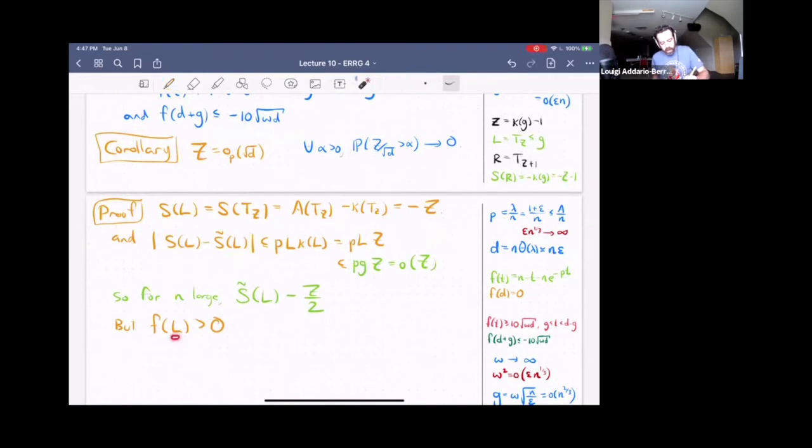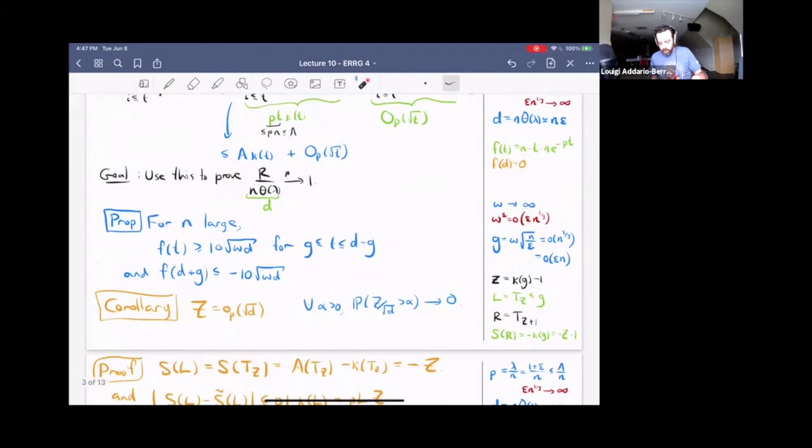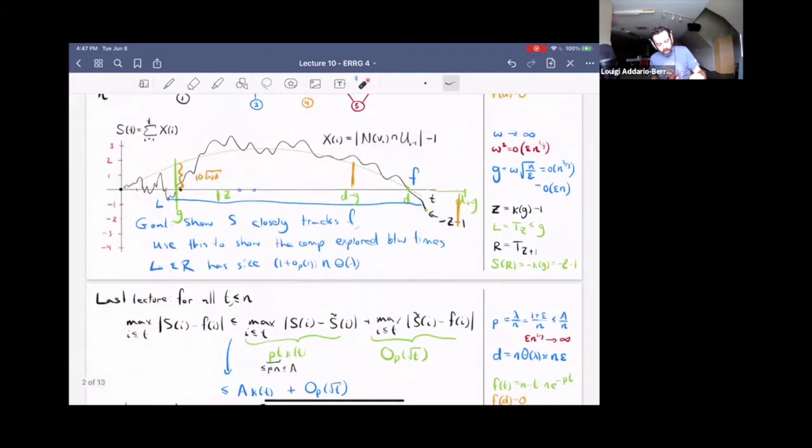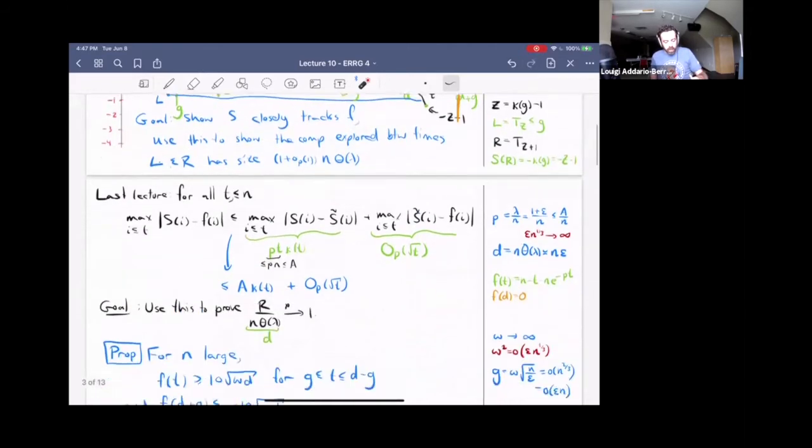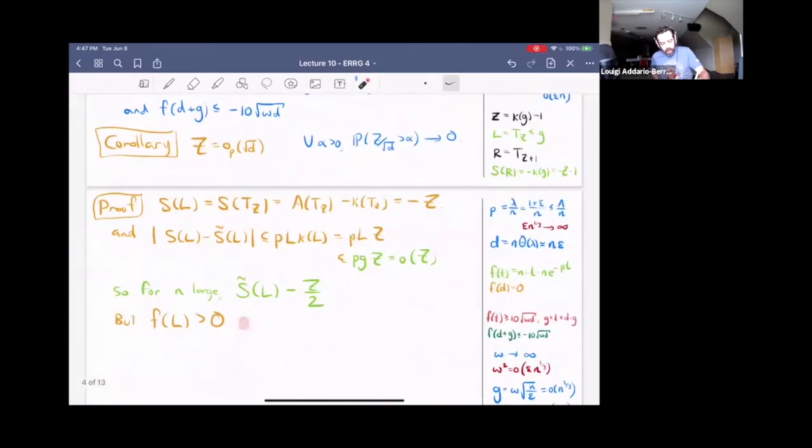Because L is less than g, which is much less than d, and d was the first time after time 0 that f becomes negative. Okay, so that tells us that z over 2 is at most the difference between S tilde and f.